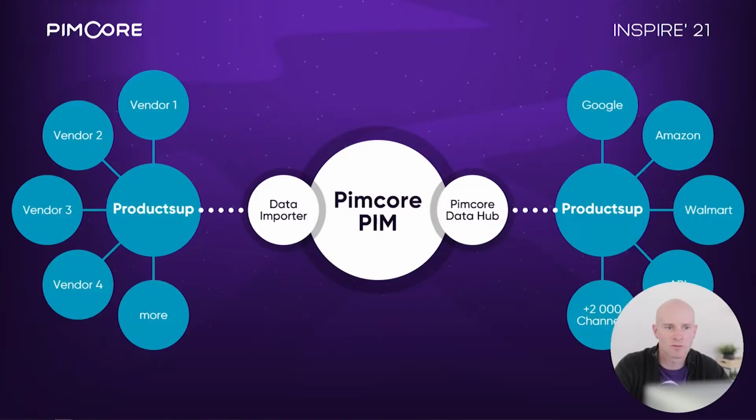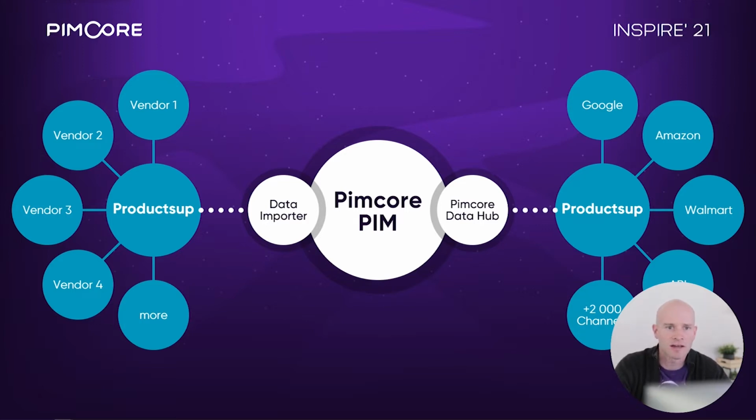Pimcore provides some great tools with the data importer and the data hub for importing and distributing the data, and these tools can also be used to connect Pimcore to Productsup in both directions. So you can connect Pimcore with the data importer to the Productsup seller and vendor onboarding for collecting the data from different sources, then manage, consolidate, enrich the data, do whatever you need to do with the Pimcore features and the Pimcore flexibility.